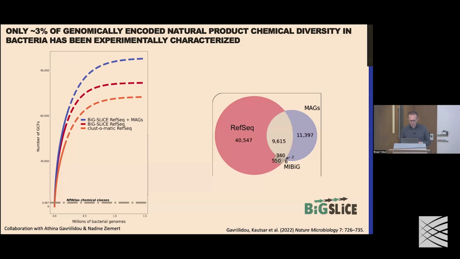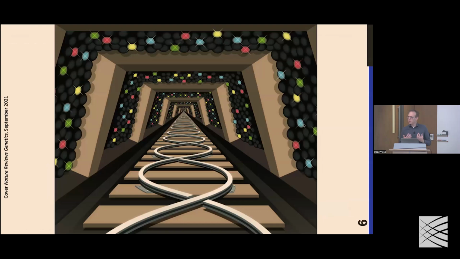So then the question becomes, if indeed it's the vast majority of the microbial chemistry in these microbiomes and in the microbial biosphere that is yet unknown, how do we mine that diversity? How do we figure out across these millions of gene clusters and these tens of thousands of chemical classes that are likely out there, which are the ones that really matter?